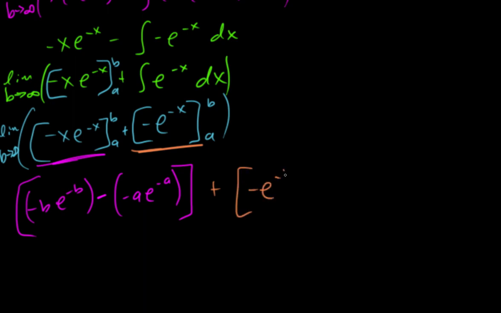Negative e to the negative b minus negative e to the negative a. So that's just a plus sign. And once again, this is still the limit as b approaches infinity of all of that.